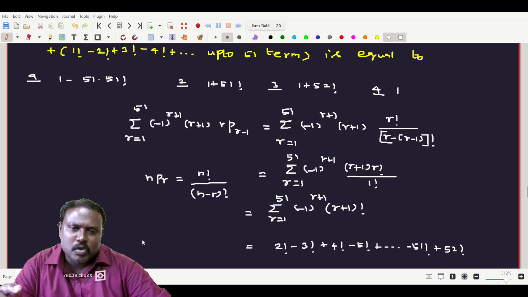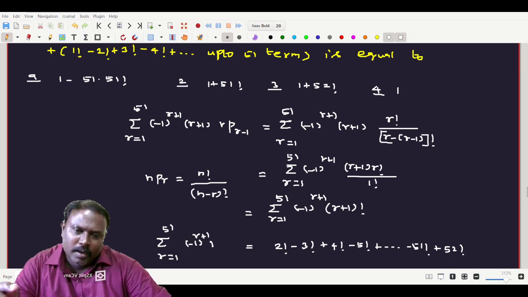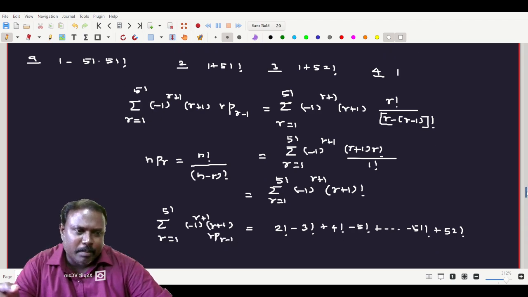So summation r equals 1 to 51, (-1) to the power r plus 1, into (r plus 1), into rPr-1 equals this summation, right?